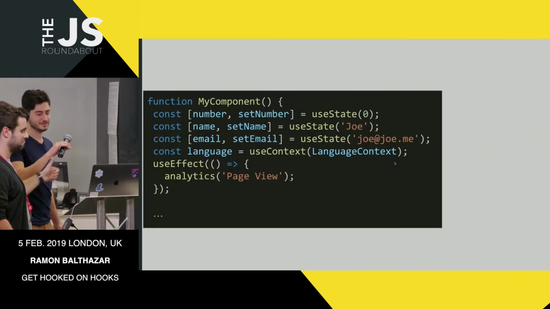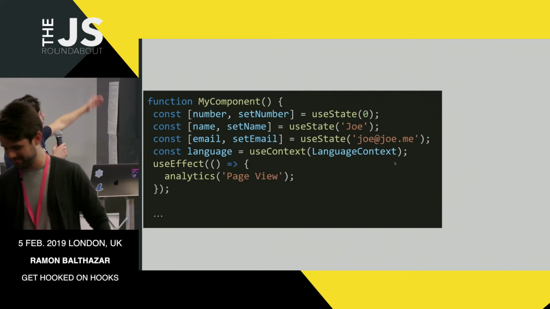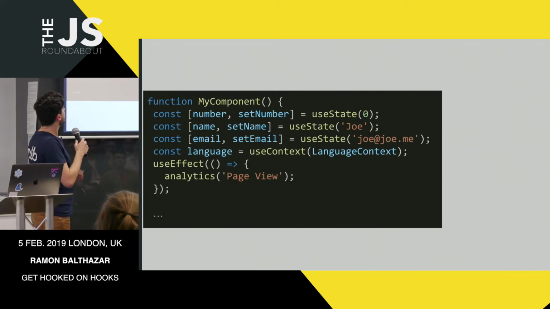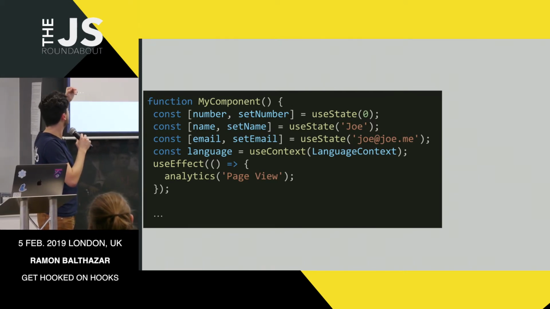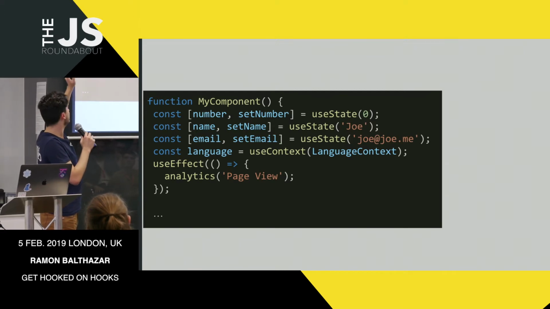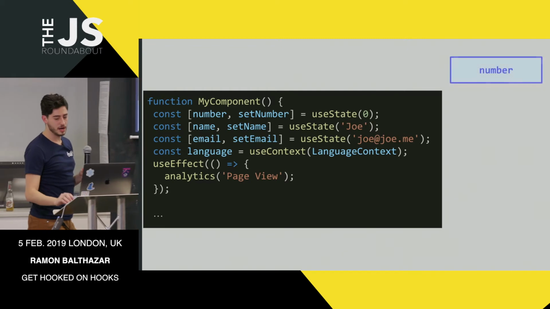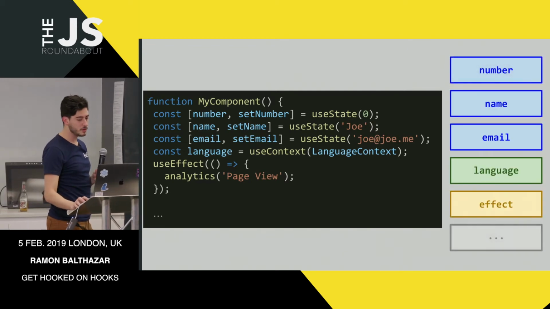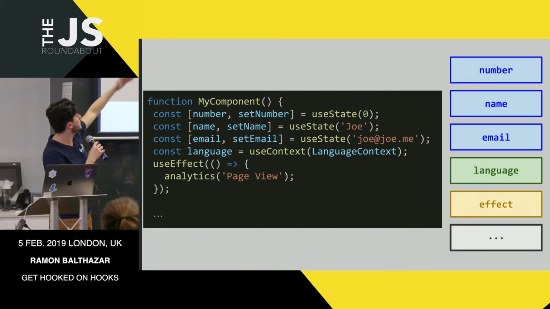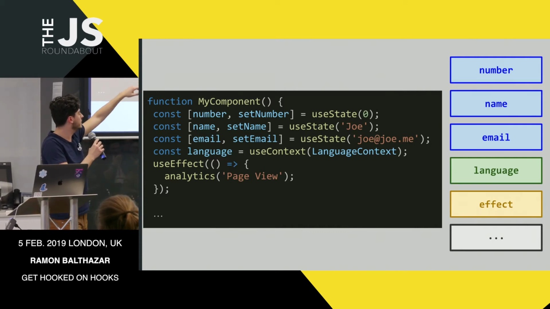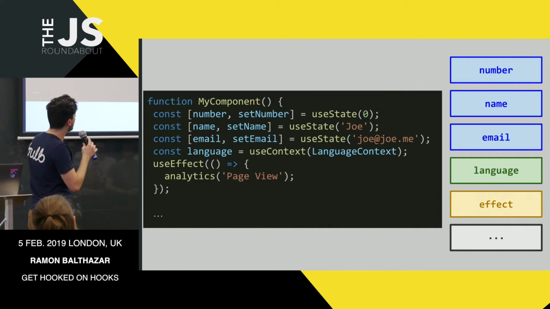Thank you, Max. So here's this component. It uses state 3 times, uses context, which I'm not covering here, but Bill, the next speaker, will, and uses effects. On the first render, it will create a map between the call and what should be in there.